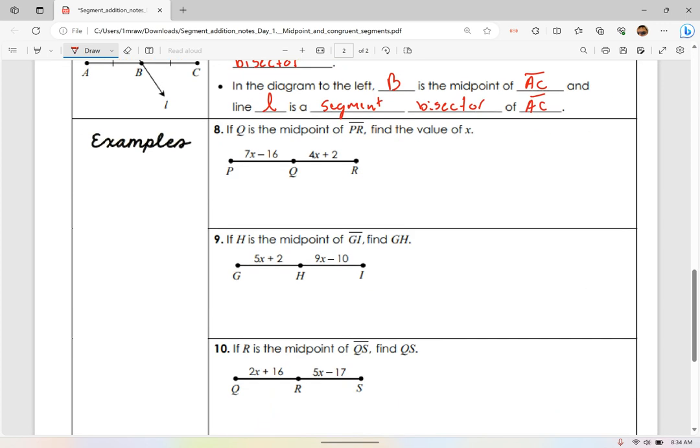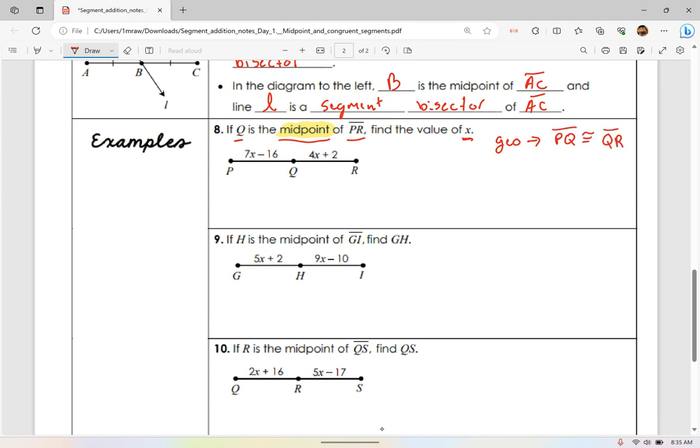So here's a couple of examples of midpoints. Okay, so if Q is the midpoint of PR, find the value of x. Because it's the midpoint, that's huge. That's the biggest definition, the midpoint part. We can say the geometry behind it, if you will, because it's the midpoint, says that PQ is congruent to QR.